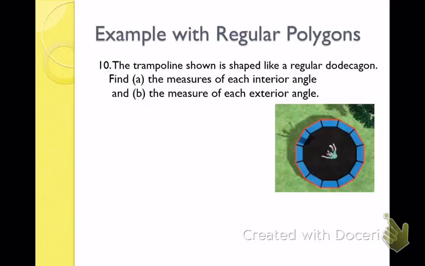Now, regular polygons. Remember what regular means? Regular means all angles congruent, all sides congruent. Right? Well, we can find angle measures in a regular polygon.